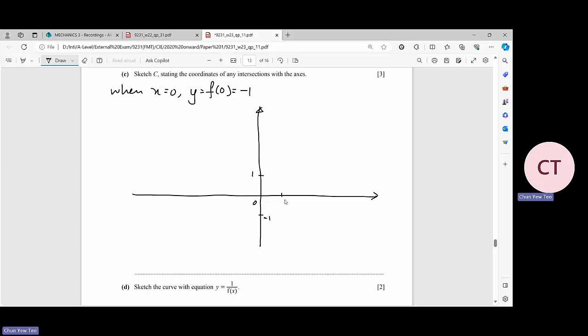This is 1, this is 2. This is negative 1, this is negative 2. So x equals negative 1, you have a vertical asymptote. x equals 2, you also have a vertical asymptote. Then y equals 1, you have a horizontal asymptote.